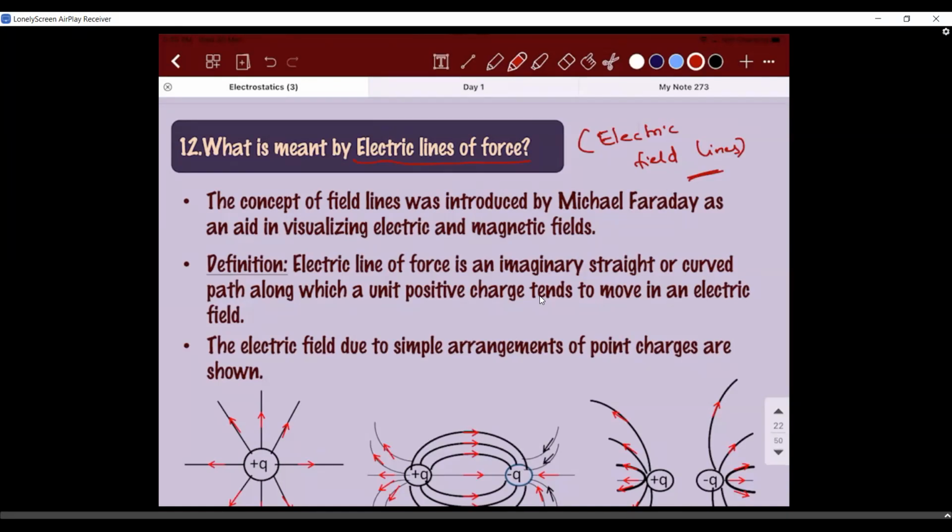The unit positive test charge would move. Clear, guys? Okay, let me explain this.